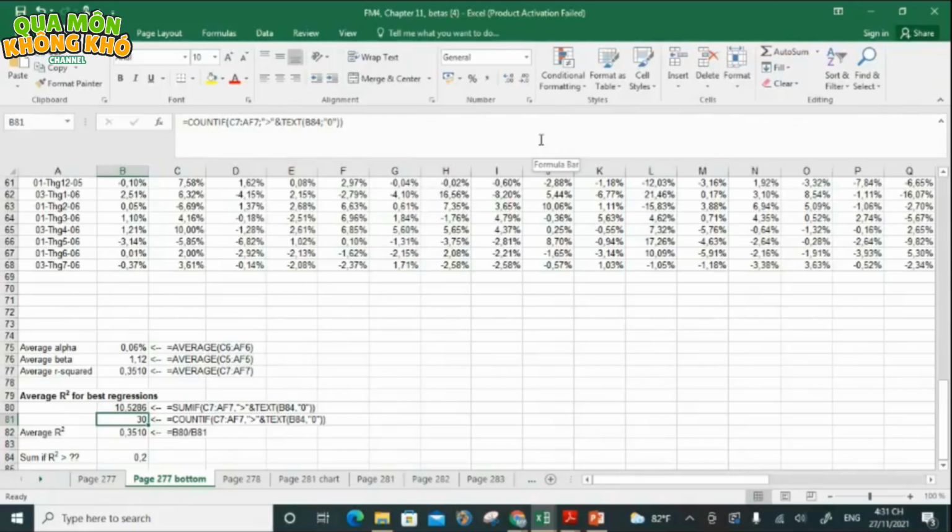Okay, I think this is not important. I will figure out this formula, and I will tell you in the next session. It's just about calculating the total R square for all the regressions, divided by the number of regressions with some conditions we attach to it.